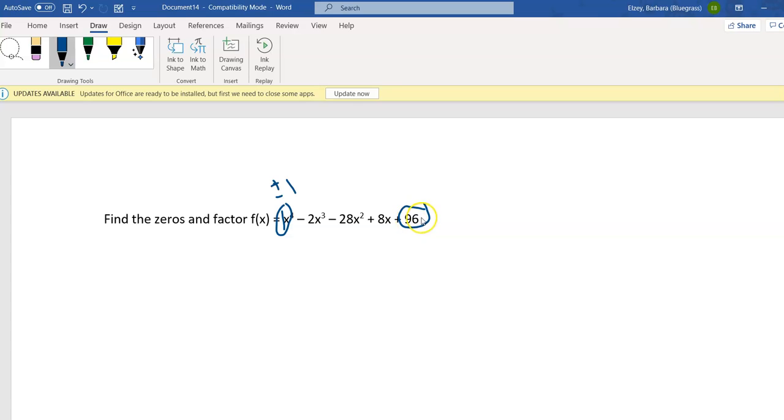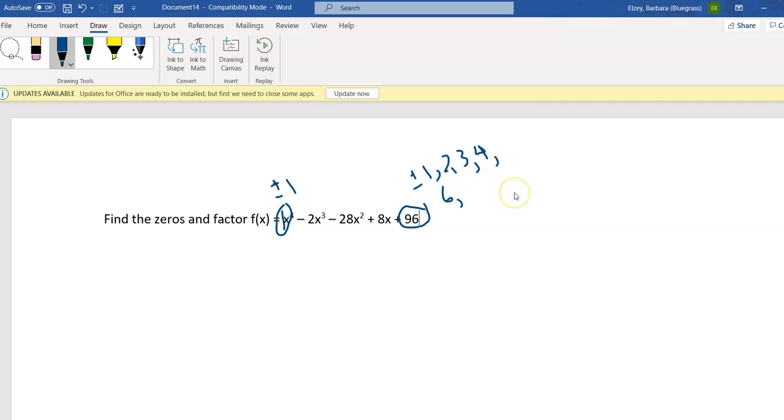All right, now 96 though, lots of things go into 96. So let's see. 1 goes into it, 2 goes into it, 3 goes into it. I don't know, does 4 go into it? Let's see. Yep, 4 goes into it. 6 goes into it.